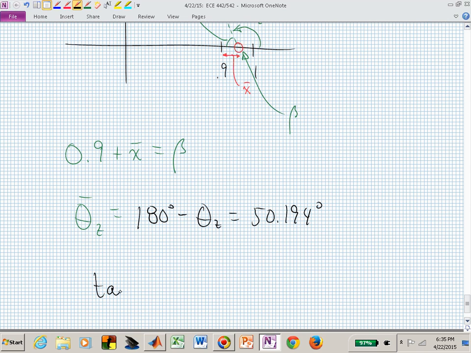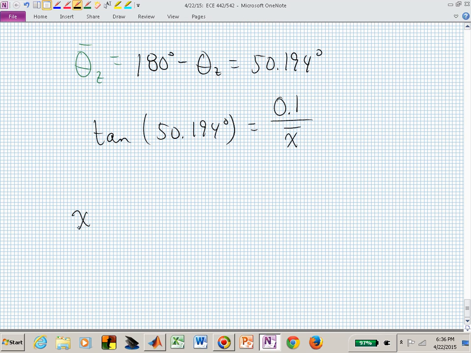The tangent of that angle is equal to the ratio of the vertical distance, 0.1, to the horizontal distance, x bar. I can now solve that for x bar.